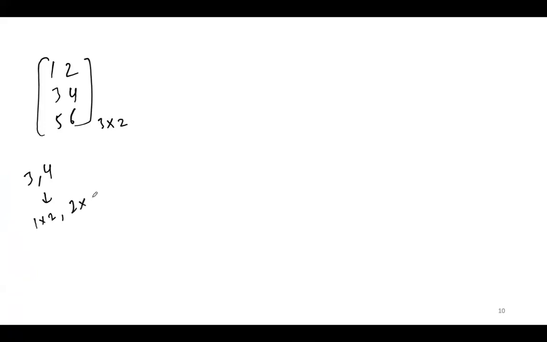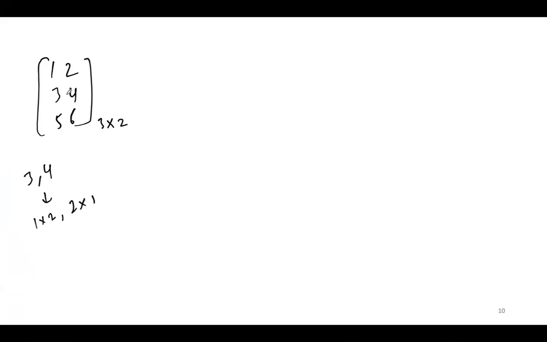So here we had a 1, 2, 3, 4, 5, 6 matrix, and we had 3, 4 as a vector, right? So this is a 3 by 2 matrix, and this can be considered as a 1 by 2 vector also, or a 2 by 1 vector also, anything.